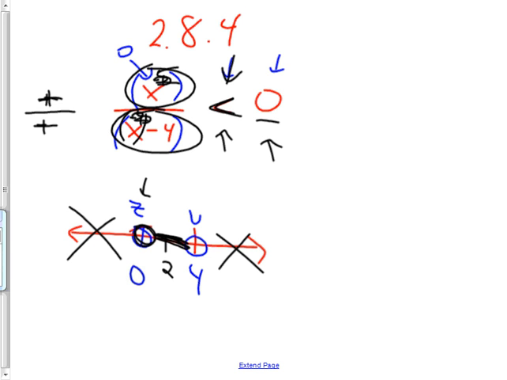Know why? Because you have a u above it, and that stands for undefined. And if it's undefined, those will never work. You don't even have to check to see if it's less than 0 or not, because it came out undefined. So that one's also going to stay empty. So it's an empty circle around the 0 and the 4. So you would say 0 to 4 with parentheses. And there we go.